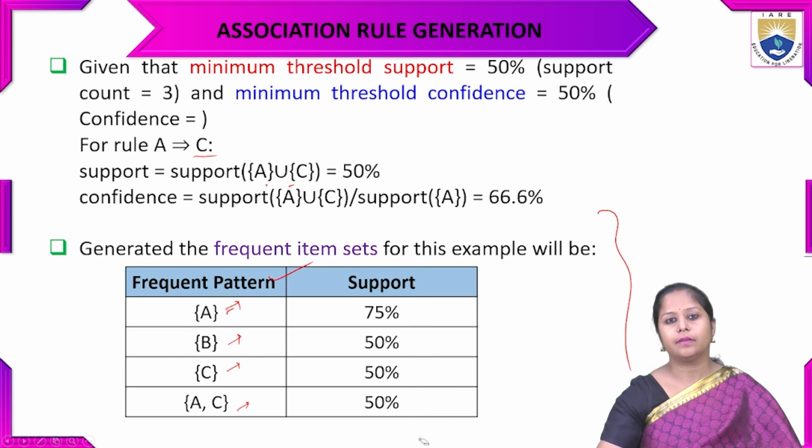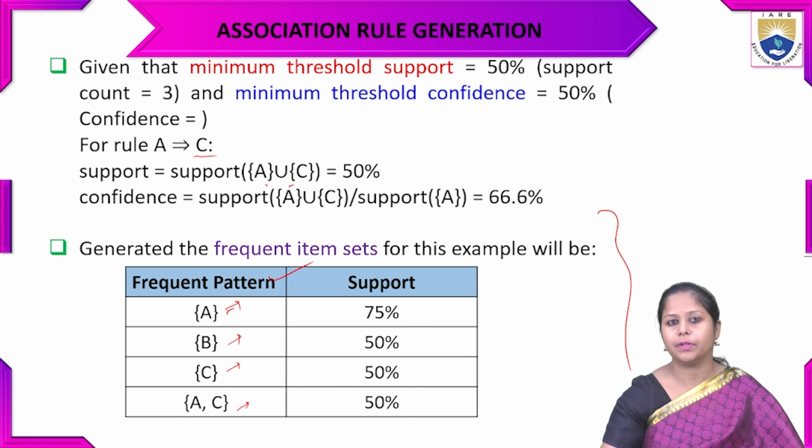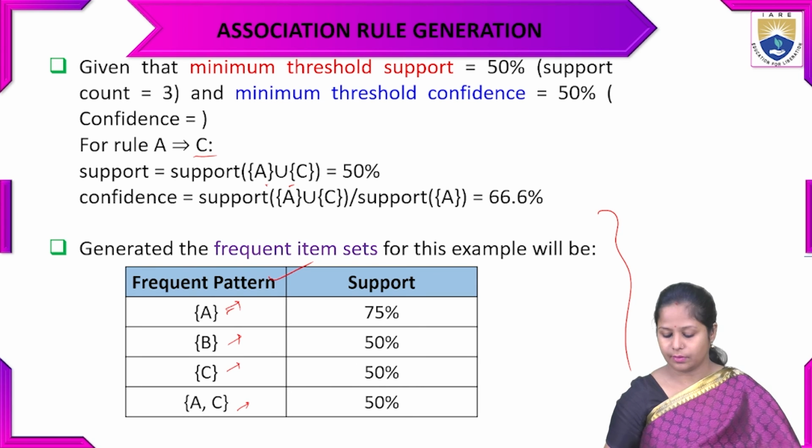That is nothing but the support count of the items purchased singly or together in a transaction.